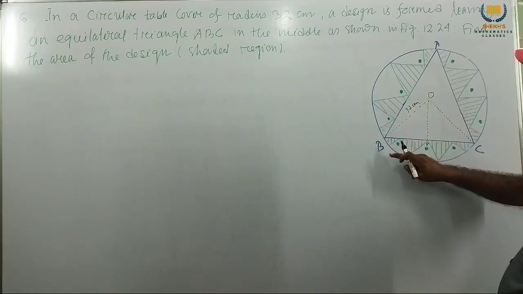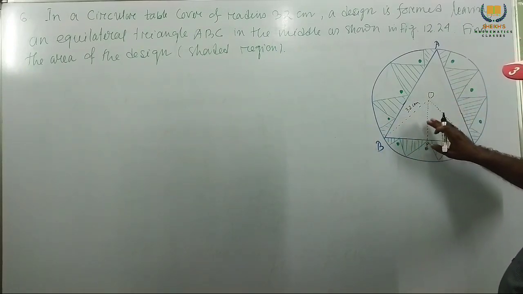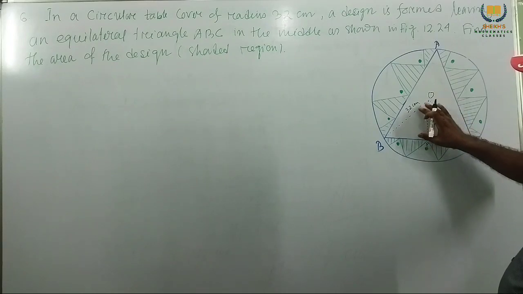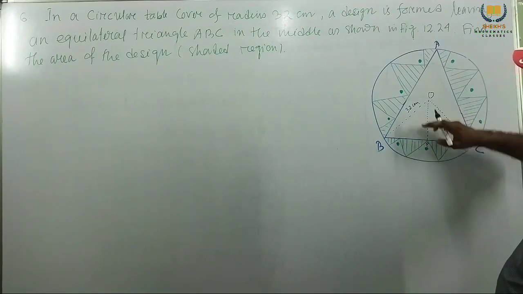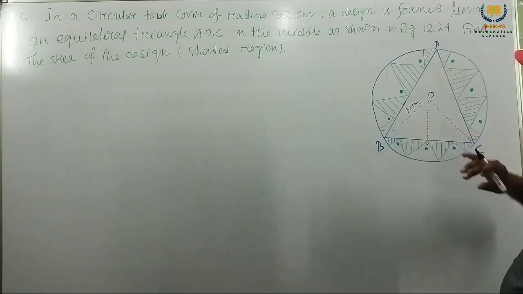We have to find the sector area minus the area of the triangle, then we get this area.